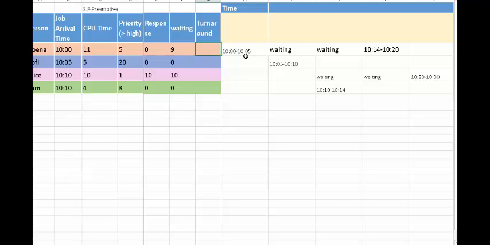So Abena spent 20. Kofi spent 5. Alice waited from 10:10 to 10:30, 20, and Sam only 4.